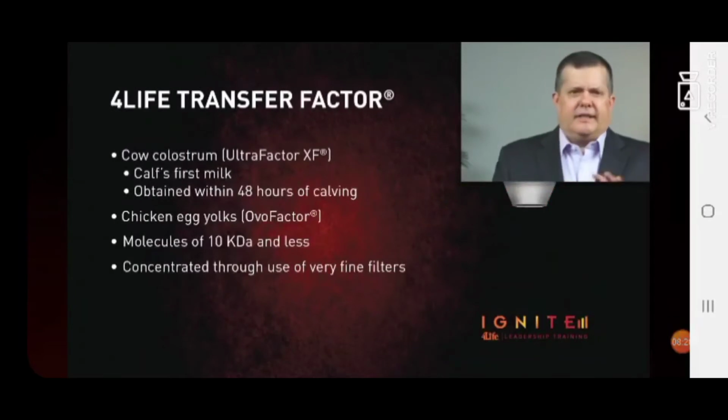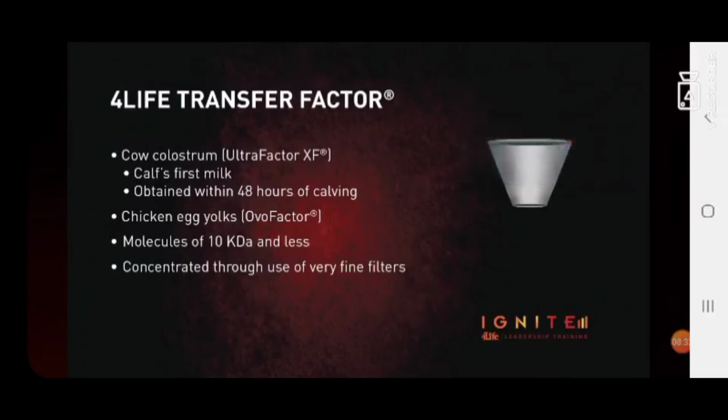So let's take a step out a little bit and talk about what transfer factors are for life. We get our transfer factors from two main sources. The first one is coming from colostrum from cows. Now, colostrum is that first milk that mammals produce the first 1 to maybe 3 days after delivery.